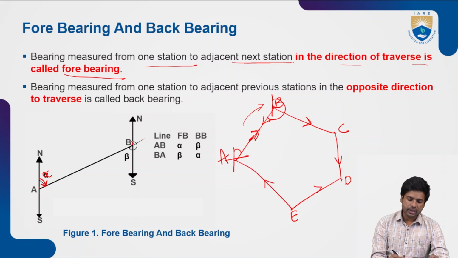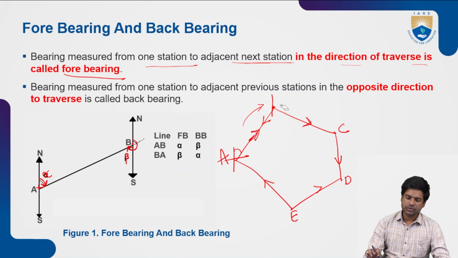Here you can see this is station B and this is station A. From station B we sight station A. The angle it makes with north, which I represent with the letter beta, is called the back bearing. This is the back bearing and forebearing definition.